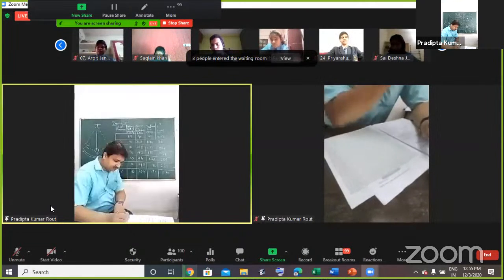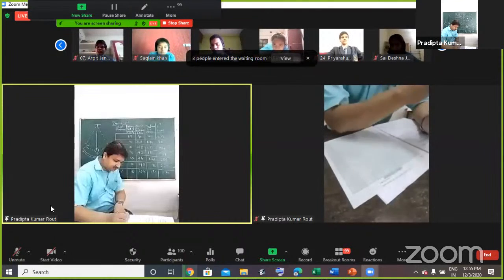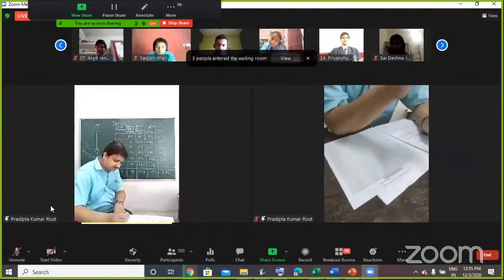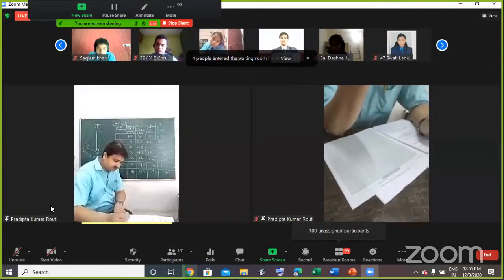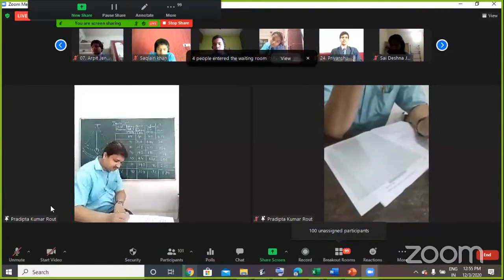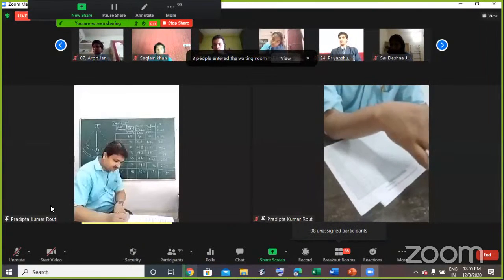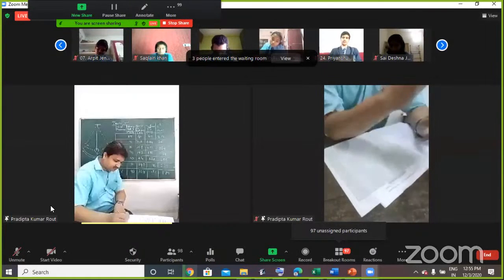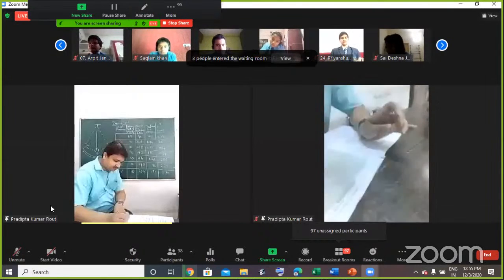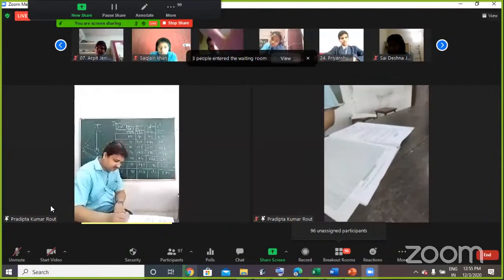How will you know it is a physics practical record? At the back side, you will find graph papers. So don't buy a botany record or geology record. Let's see how to plot.